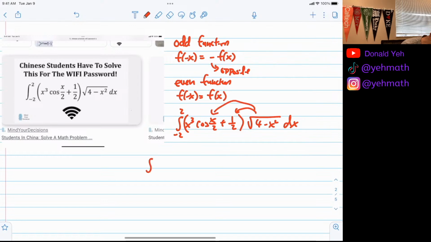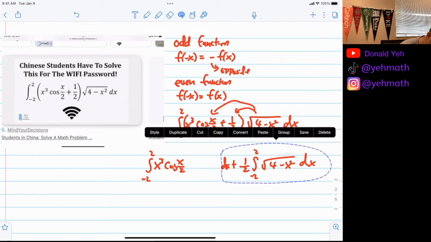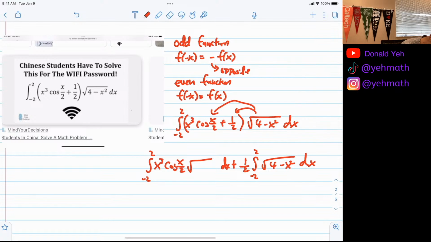So that's going to be the integral between -2 and 2 of x cubed cosine of x over 2, plus half of the integral between -2 and 2 of the square root of 4 minus x squared. So I just distribute them.